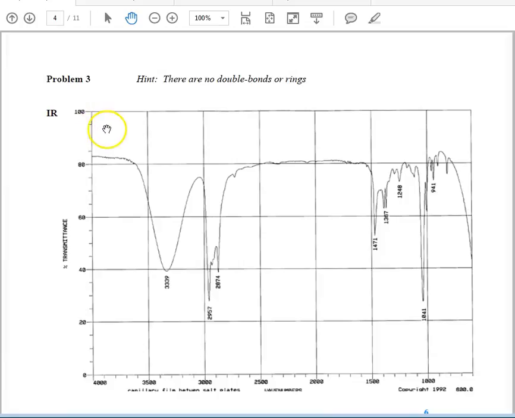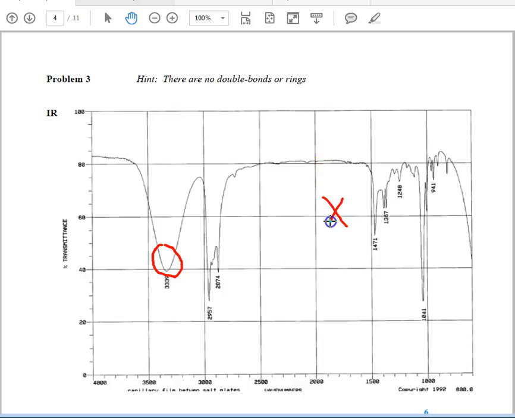If you look at the key features of this IR, you can see that characteristic broad OH band between 3,000 and 3,500. That's a pretty good indication that there's an alcohol. We will jump down and look to see if there's a C double bond O, and it turns out there's not.